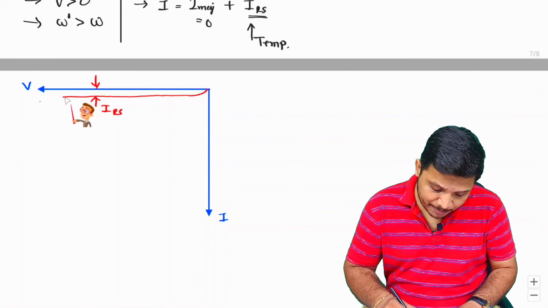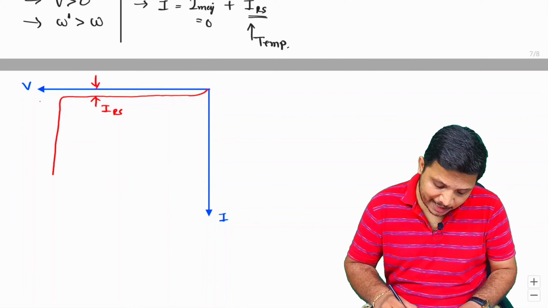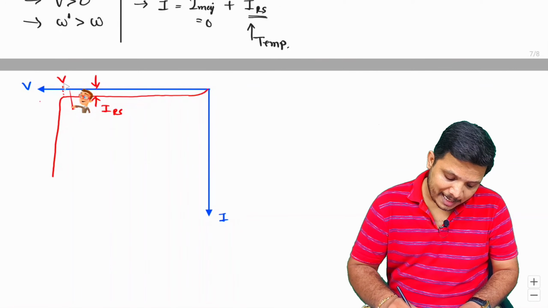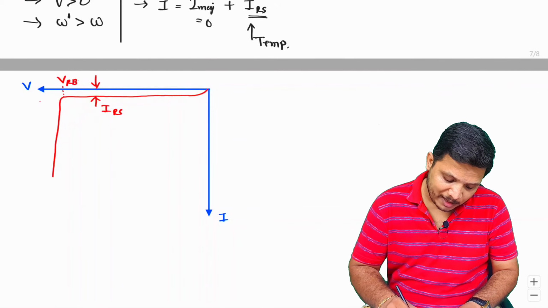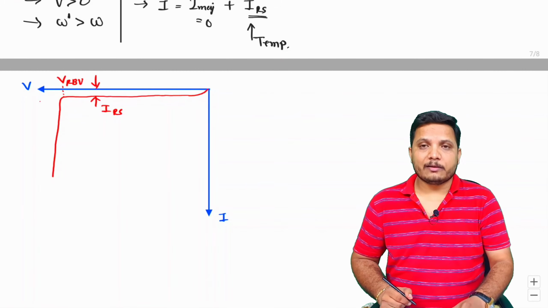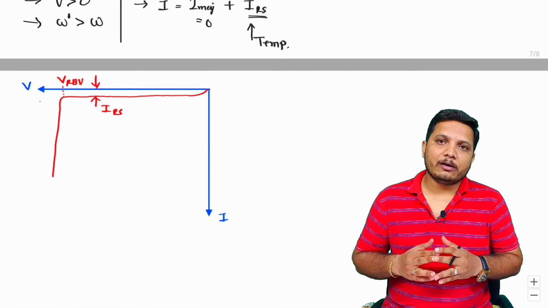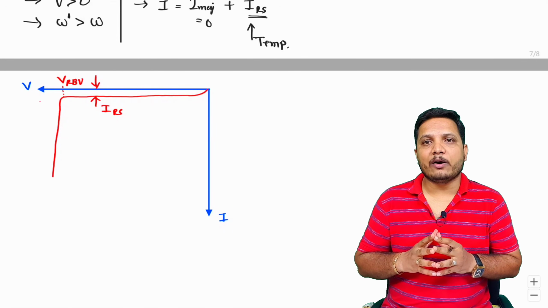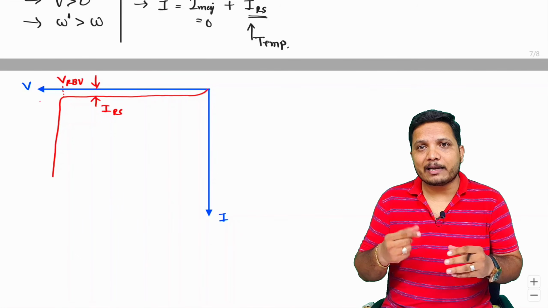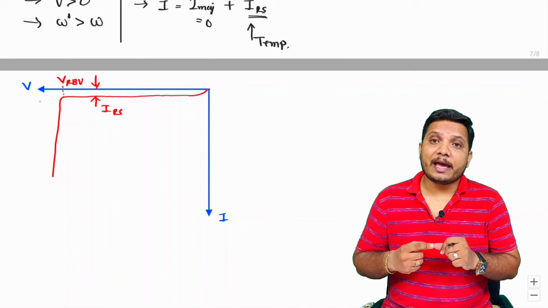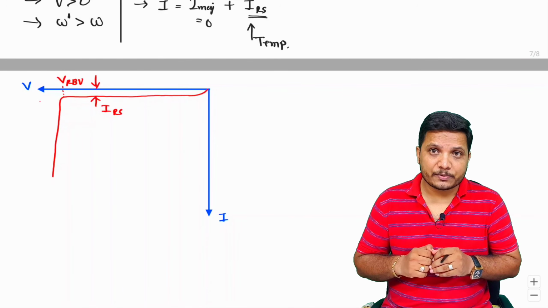This voltage is referred to as the reverse breakdown voltage, right? In a normal PN junction diode, there should not be reverse breakdown. If it happens, there is a possibility that the diode may have permanent damage.